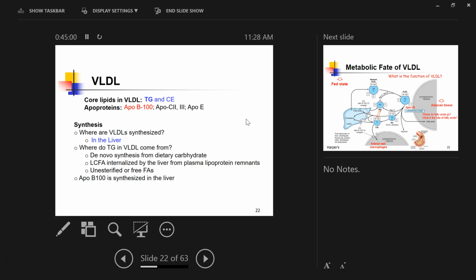We just talked about chylomicron, right? Chylomicron remnant eventually is taken up by the liver, but the remnant still contains some leftover triglyceride. So this could also be a source of triglyceride that can be repacked into the VLDL and released again and transported to the adipose tissue a second time, right, or something like this.